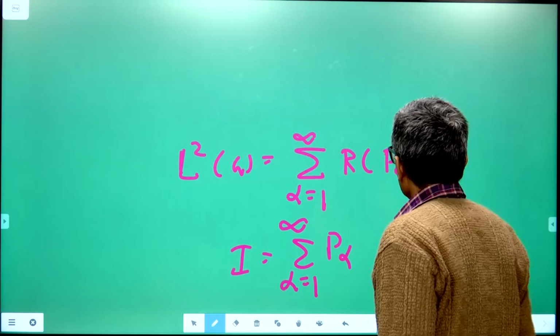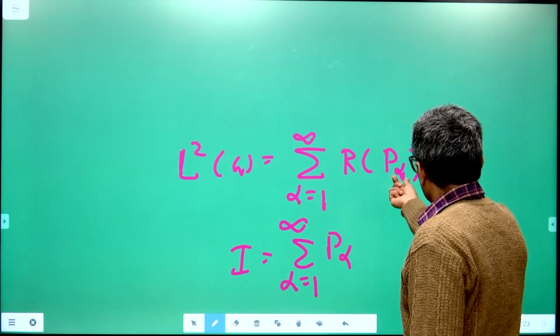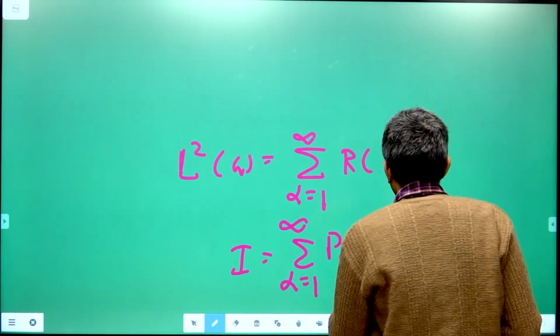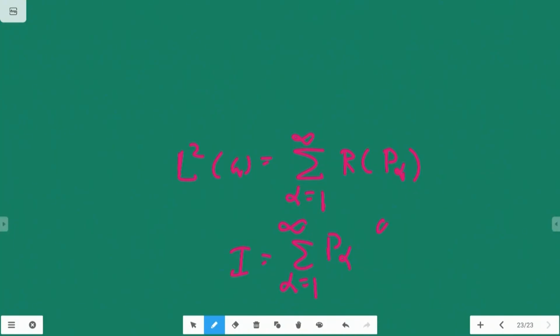Whenever lambda alpha is a non-zero eigenvalue of the compact operator K, the trace of P alpha is finite, that means the dimension of the range of P alpha is less than infinity. So K P alpha is equal to lambda alpha P alpha, a spectral resolution.